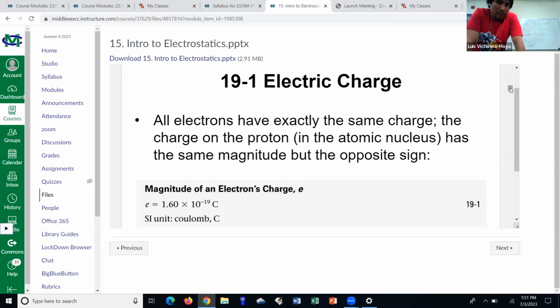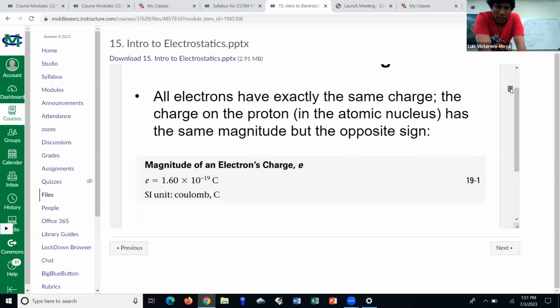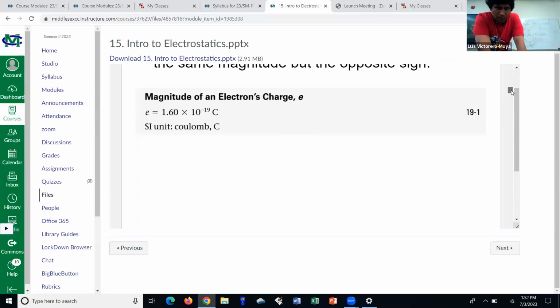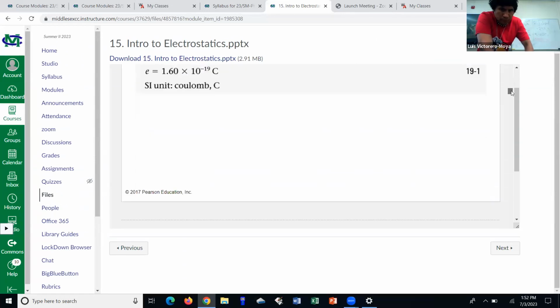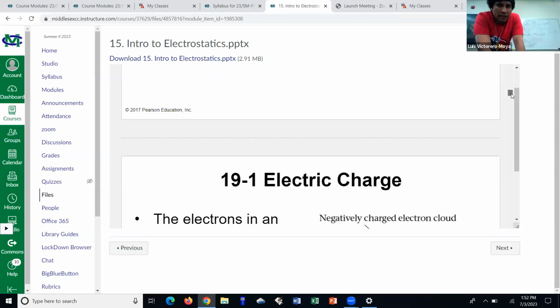So we know that matter can be charged, and a charge of 4 coulombs, or whatever value of charge an object may have, lets you estimate the amount of excess electrons or protons an ion may have, right?